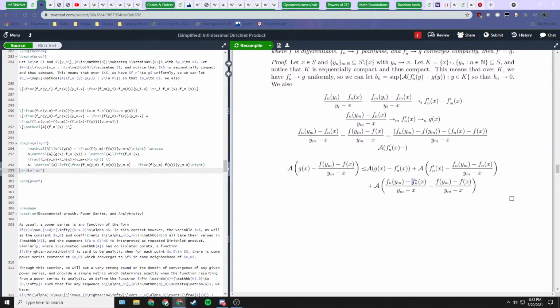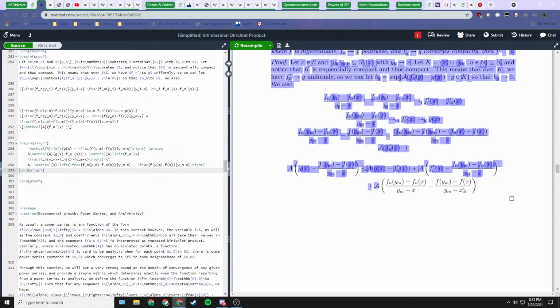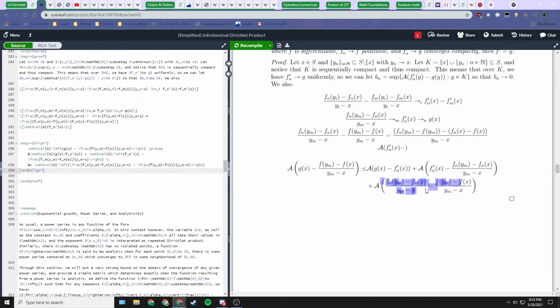Likewise, f_n of x will limit to f of x, and those will cancel. So this will limit to 0 for each fixed m. So we can find some lower bound on n that makes this as small as we want for any fixed m, a bound after which it'll stay small regardless of how else we pick m.